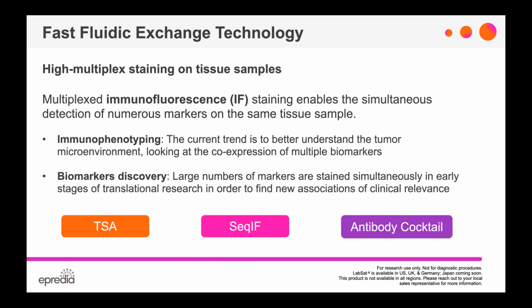So the fast fluidic exchange technology, you're able to do this with multiples. You can do this with the TSA kits. You're able to do this sequentially and with specific antibody cocktails. So if you're doing biomarker discovery, you're allowed to do a lot of these markers on here with the TMA slides to get a wide burst of array sample stainings early on and be able to taper that down as you whittle away for the best staining sets and the best reactivity for the tissue that you're going to have.